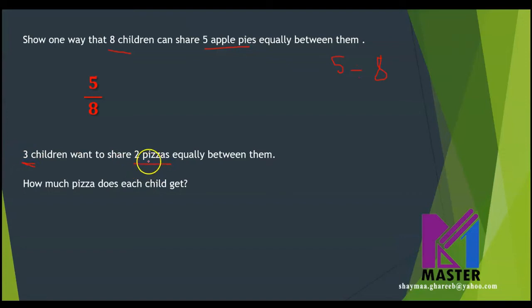The pizza will be divided by the number of children, which means 2 pizzas will be shared among 3 children. 2 divided by 3. So each child will get 2/3 of the pizza. Is this clear?